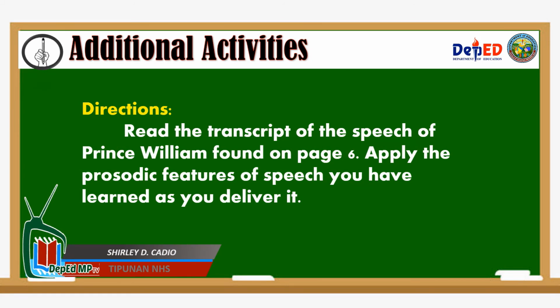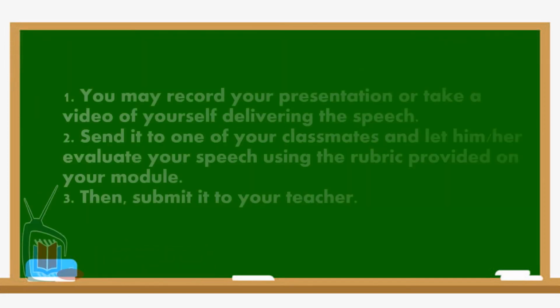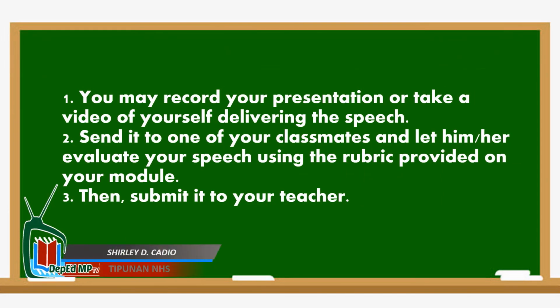Listen carefully to the directions. Read the transcript of the speech of Prince William found on page 6 of your module. Then, apply the prosodic features of speech you have learned as you deliver it. Here are the things you should do.